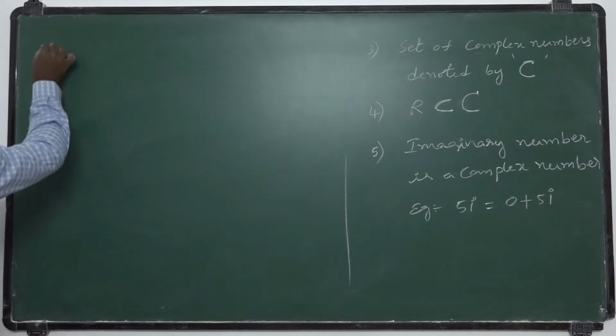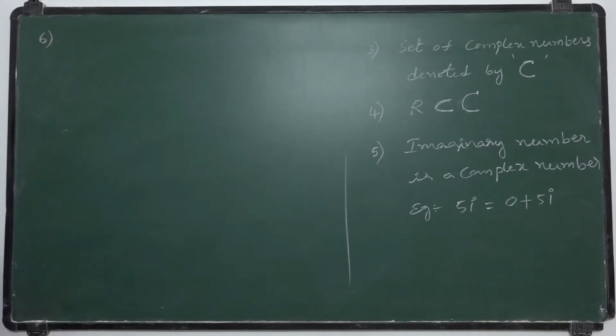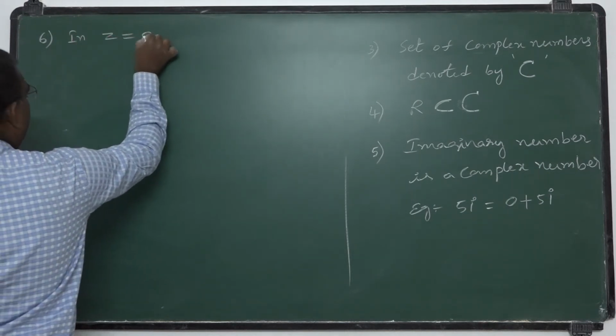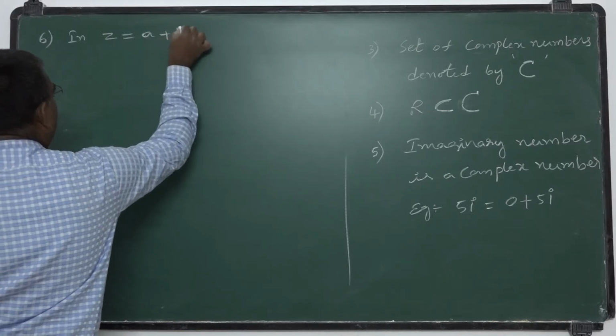Next point, suppose Z is a complex number a plus ib.